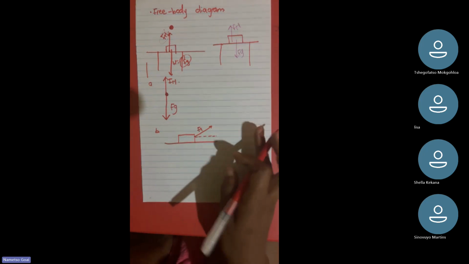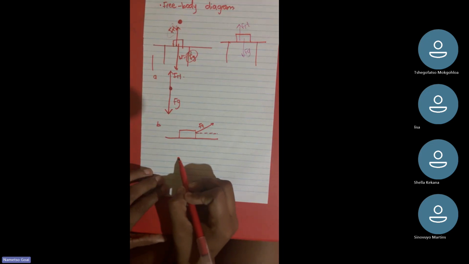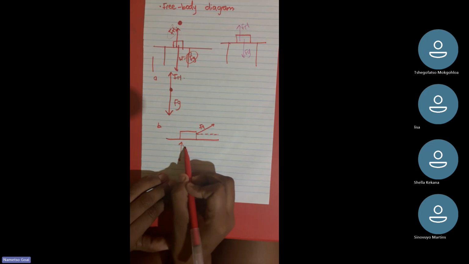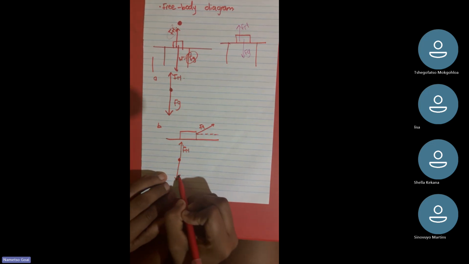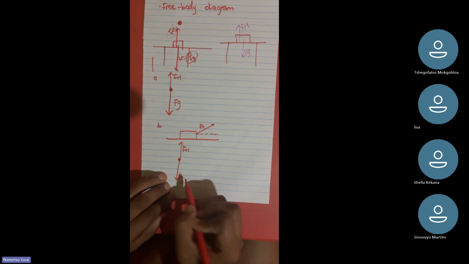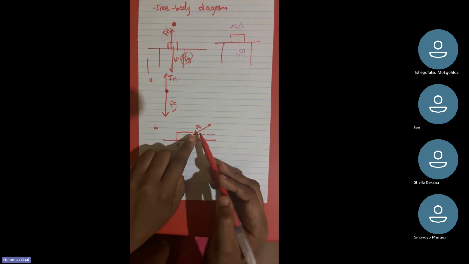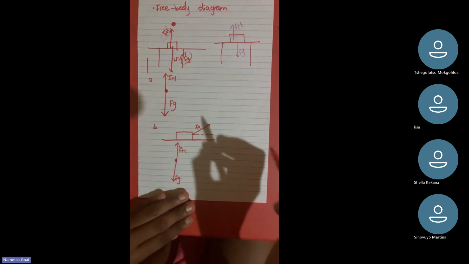So when you draw a free body diagram, this is the correct way to do it. You draw your dot. If it's sitting on a surface, we have Fn going up, and then we have Fg going down. Then this Fa is not applied straight, it's applied at an angle.